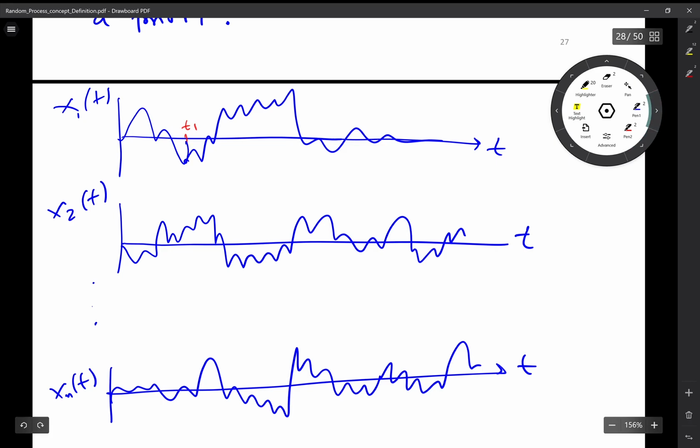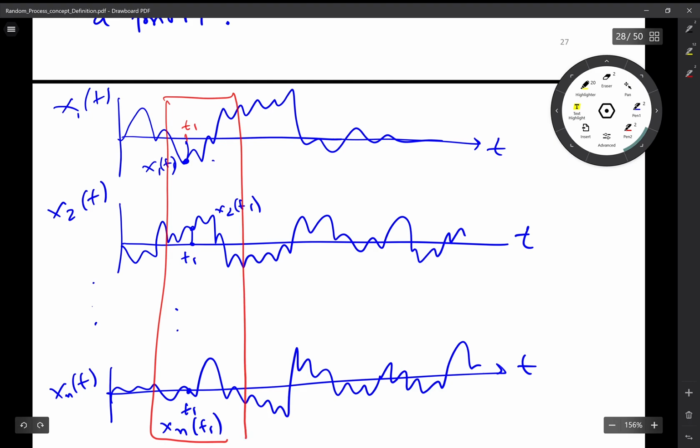At t1 this is the value x1(t1), this is x2(t1), and similarly at t1 we have the value xn(t1). All together they form a population at time t1.